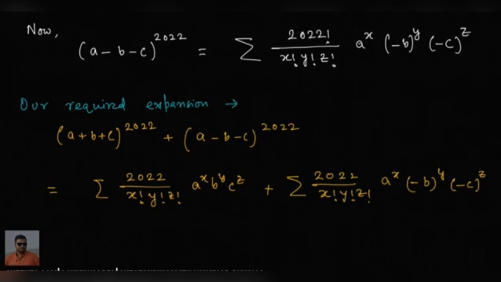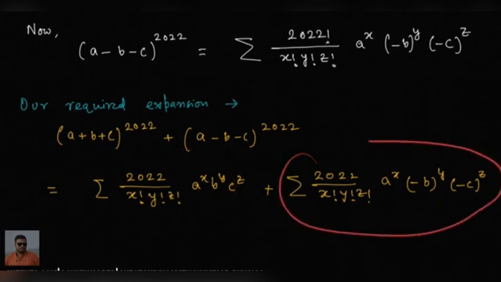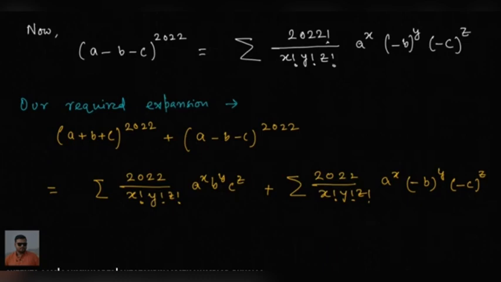Now our required expression looks like this. We want (a plus b plus c) to the power 2022 plus (a minus b minus c) to the power 2022, and we know this is the expansion of the first, and this is the expansion of the second.